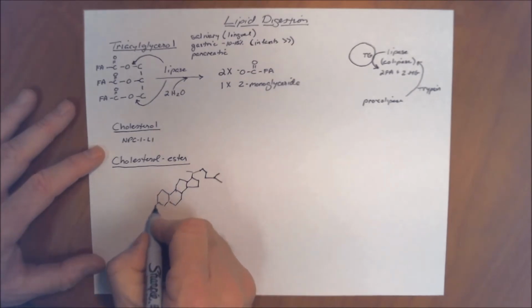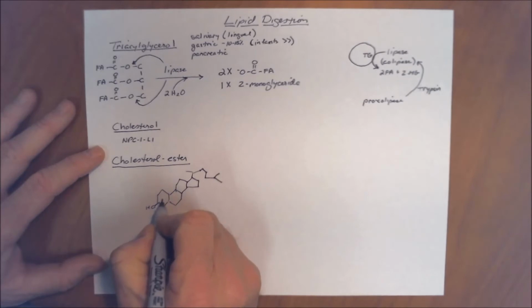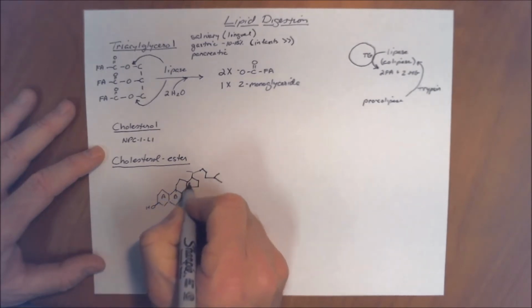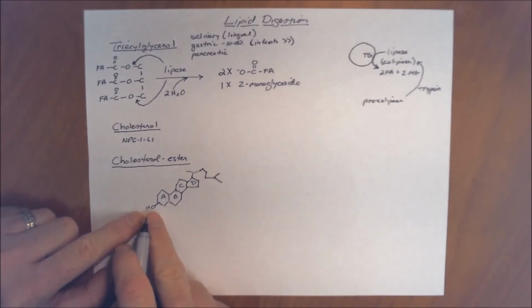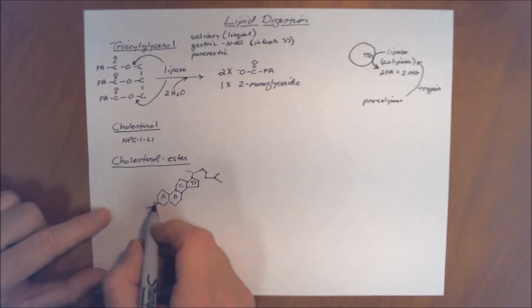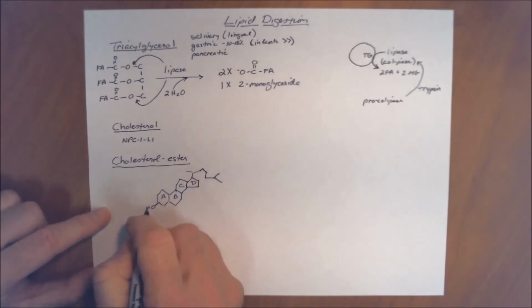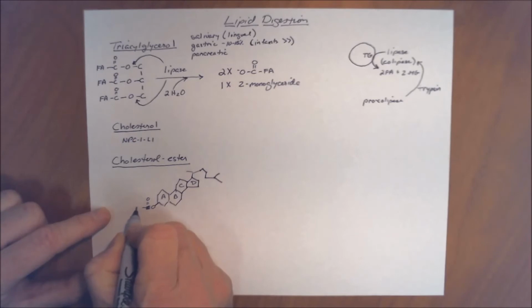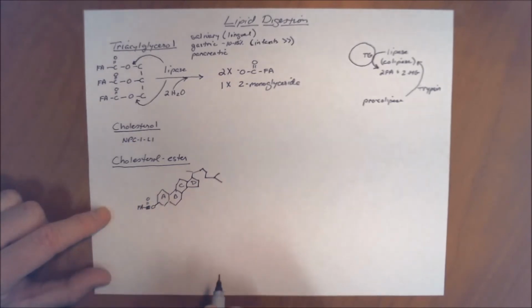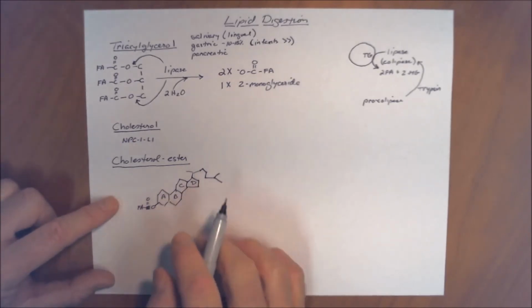Now recall the cholesterol structure on the number 3 position, 3 carbon on the A ring of cholesterol, has a hydroxyl group. And this hydroxyl in a cholesterol ester actually has a fatty acid attached to it. So I'm going to replace this with a fatty acid. So this is a cholesterol ester.